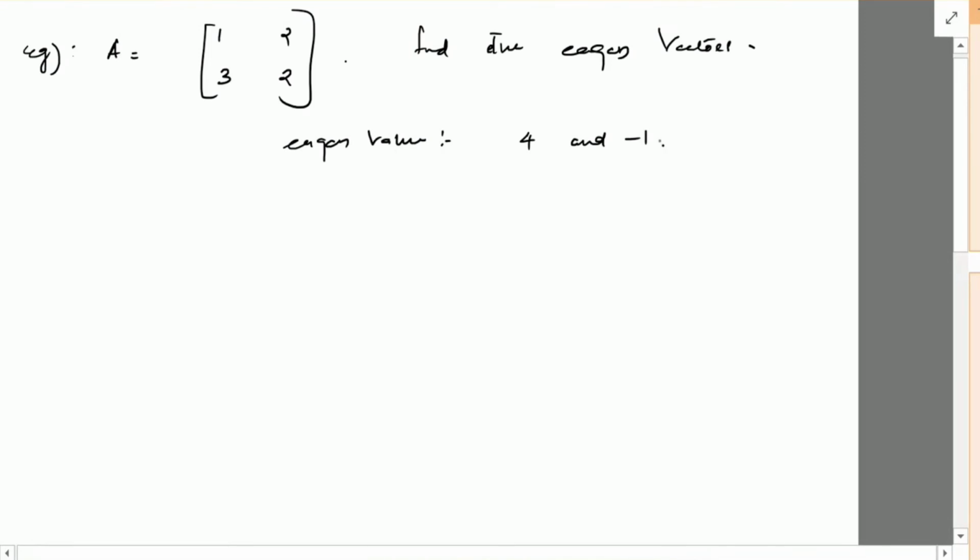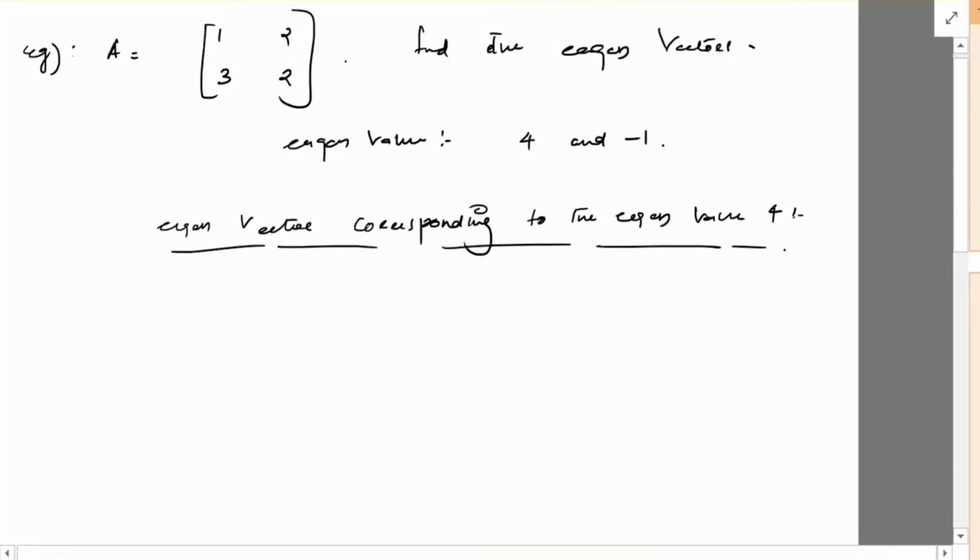So the question is to find the eigenvectors. There are two eigenvalues, 4 and minus 1. So we can find the eigenvector corresponding to 4 and also the eigenvector corresponding to minus 1. First I am going to find the eigenvector corresponding to the eigenvalue 4.